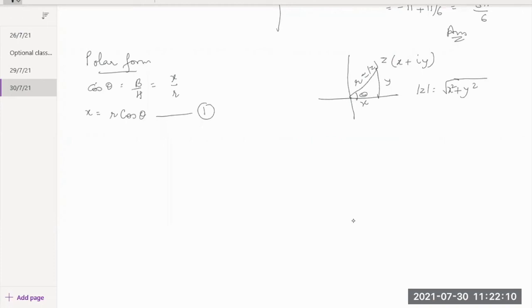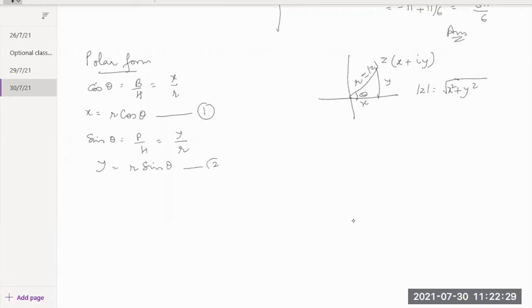Now, see another ratio now. Sin theta. We know it is what? P by H. P is y and H is r. So this is going to give you y as r sin theta.